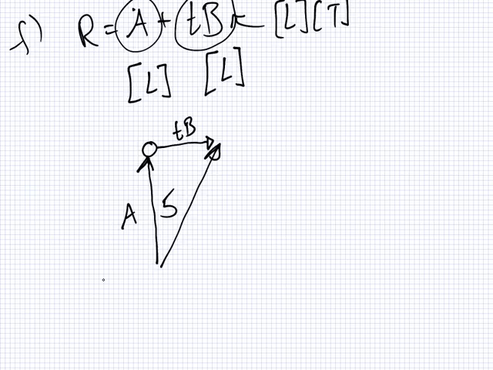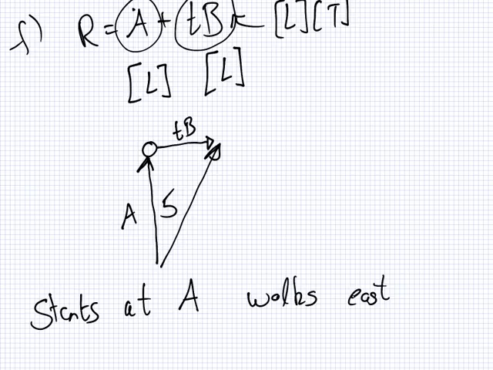So the interpretation is: he starts at A, 5 kilometers in the north, and then walks east at 5 kilometers per hour for 2 hours.